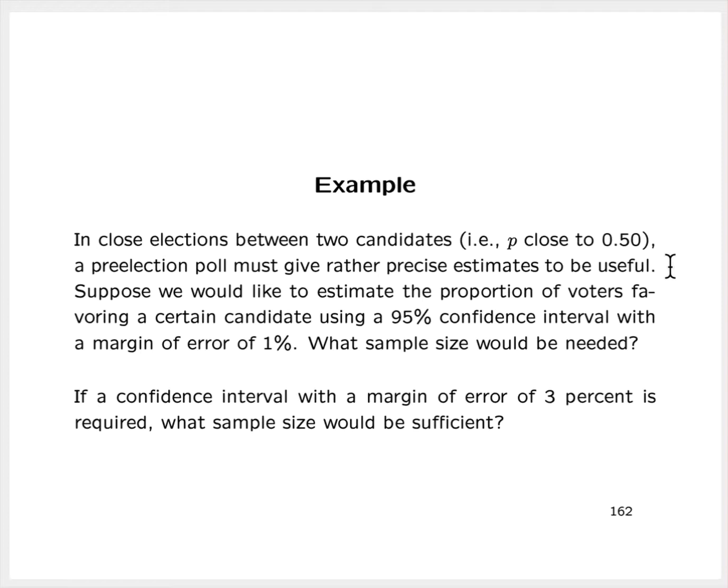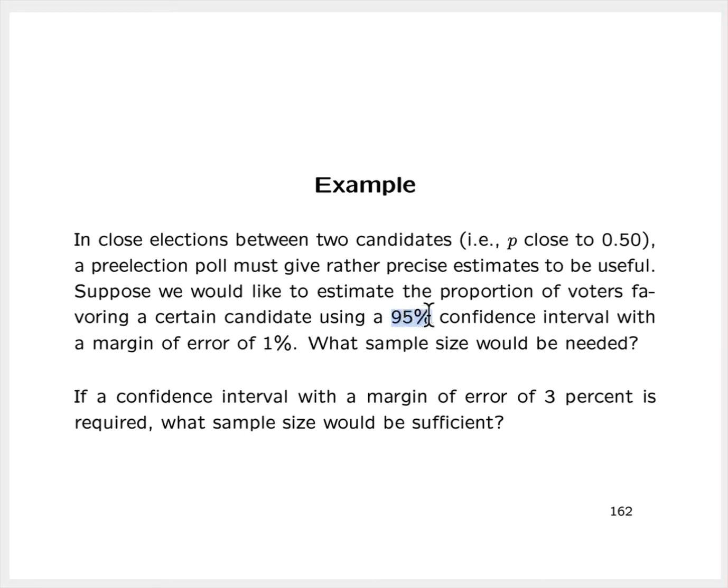What we would want is a confidence interval that has a margin of error that is fairly small, small enough to be useful. And so suppose that we would like to estimate the proportion of voters favoring a certain candidate using a 95% confidence interval, but where the margin of error is no more than 1%.